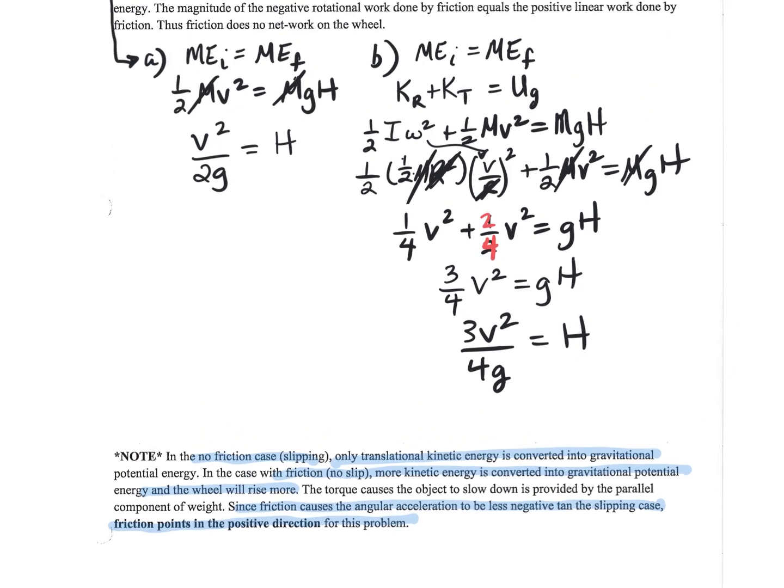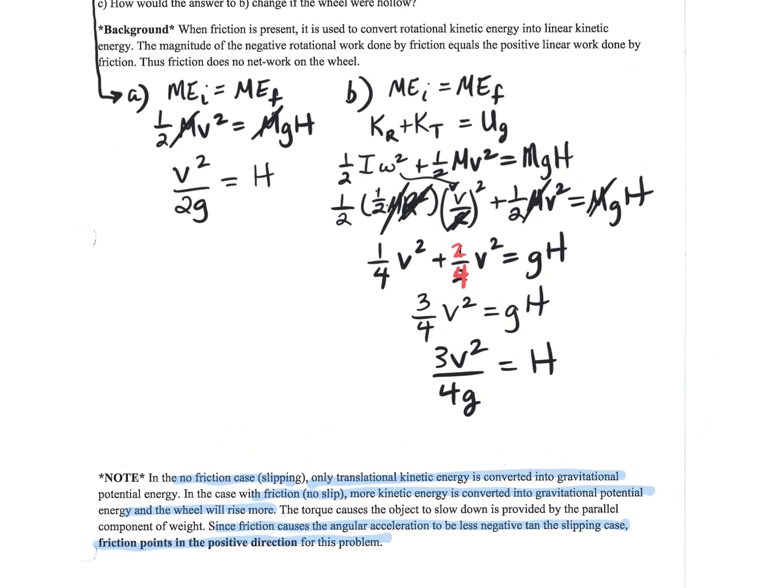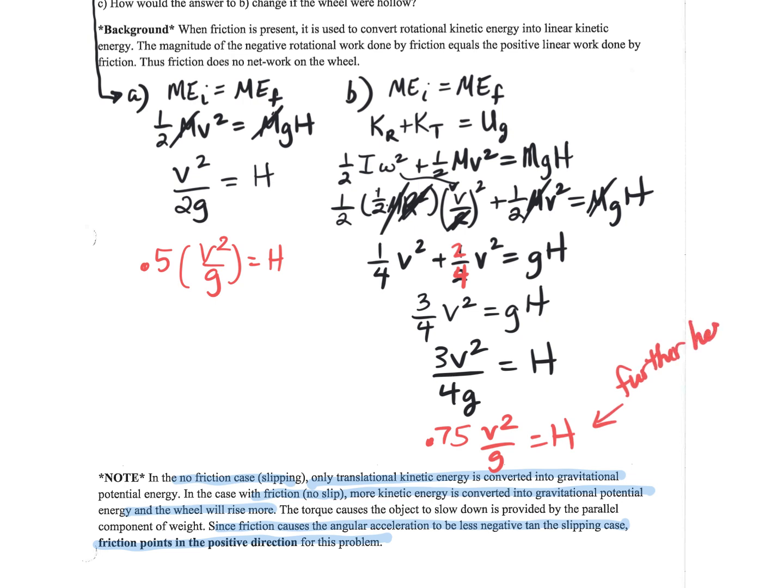So look at what we found here. We said that we thought it would actually go less far, but take a look. This is 0.5 times v squared over g is the height, but this is actually 0.75 times v squared over g is the height. So if it rolls, think about it, take a ball and slide it up something, and then take a ball and roll it up something, and which way does it go further? It goes further here, right?